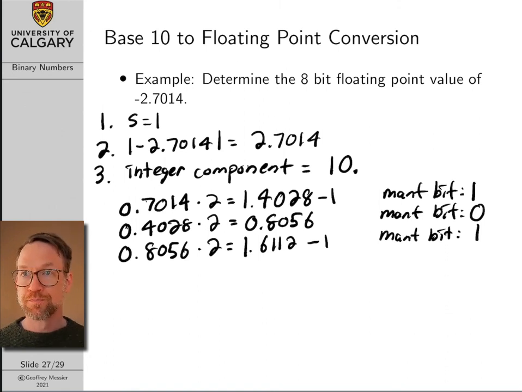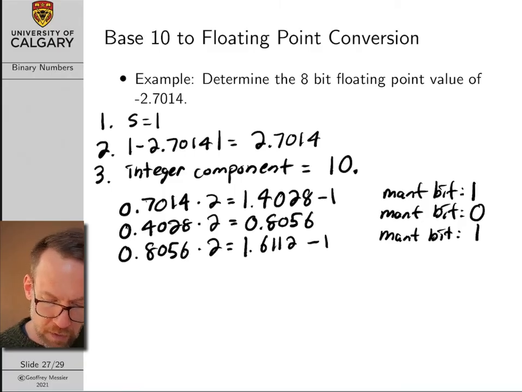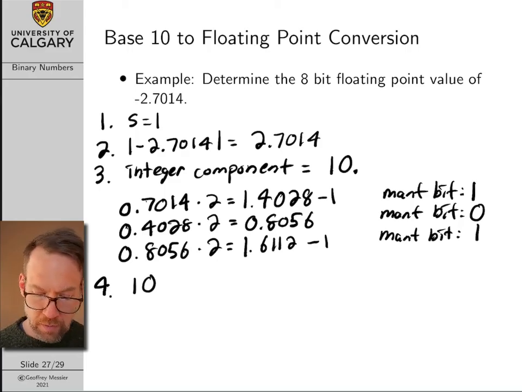And so in our next step, and I think my steps now maybe don't line up with the steps on the previous slide, but we're working through it in sequence anyways. In our next step, we have our mantissa. We now have our integer component, 1, 0, then our binary point, and then we have these bits, 1, 0, 1.